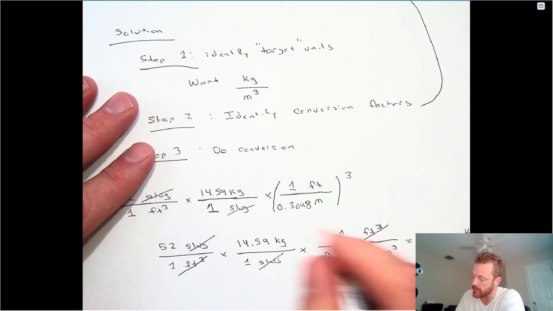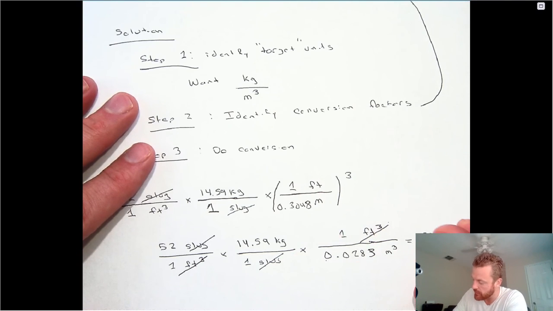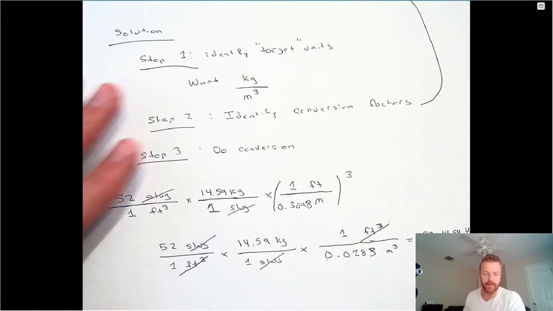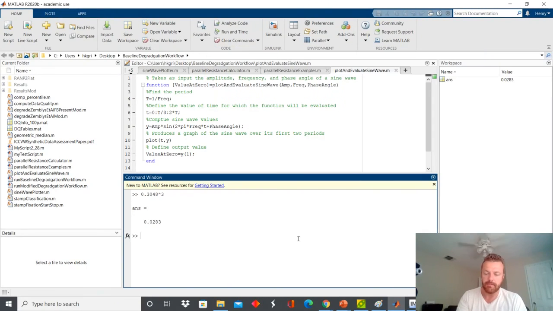And it's just going to be a matter of taking 52, multiplying by 14.59, and dividing by 0.0283. So let's do that. Now, in terms of what I mean by allowing your calculator to do the work, I'm going to type in the numerator quantity that I need to multiply, 52 times 14.59.